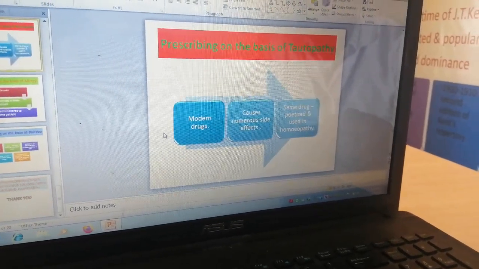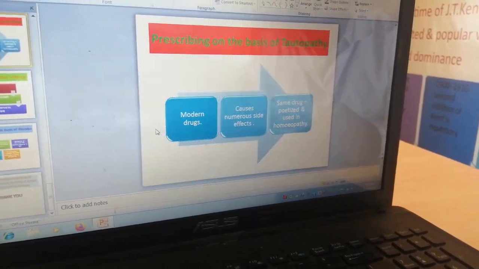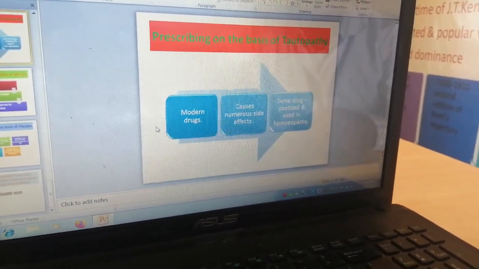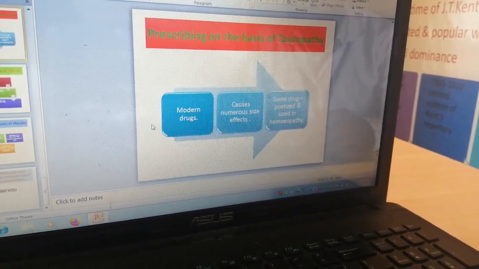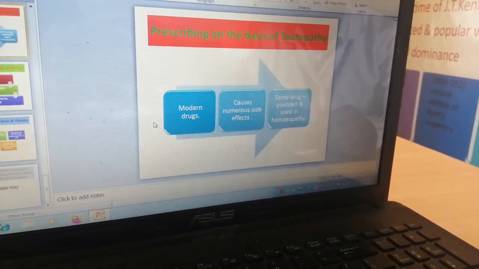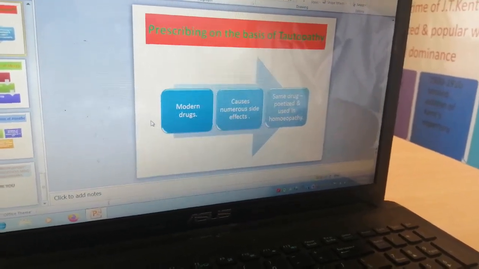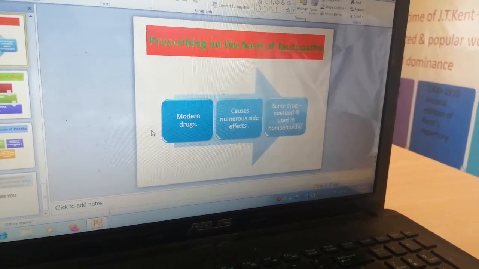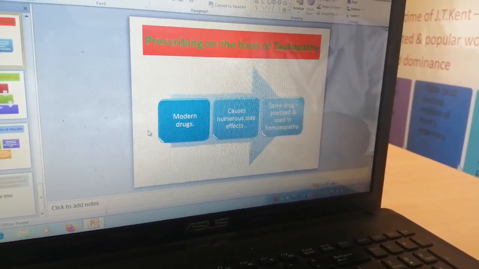Proceed to the next type, that is prescription on the basis of patopathy. In this type, as we know, most of the drugs in allopathic science cause side effects, like anti-diabetic drugs, antihypertensive, anti-epileptic, antipsychotic drugs or sedatives.